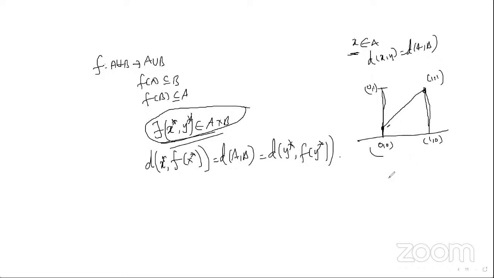Suppose this is our A and this is our B, the distance between A and B is 1, and if I take any x in A, y in B, the distance between x and y is also 1.